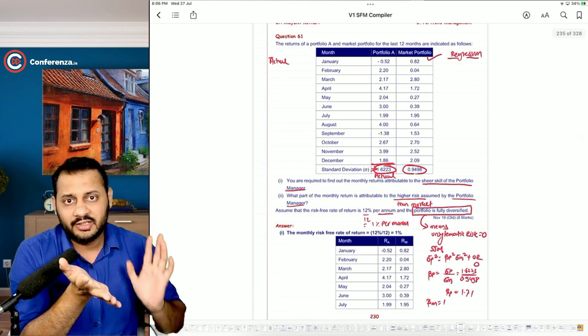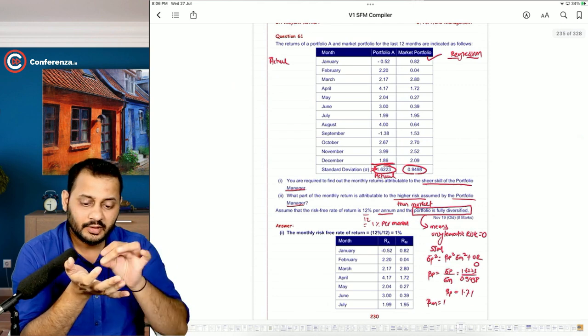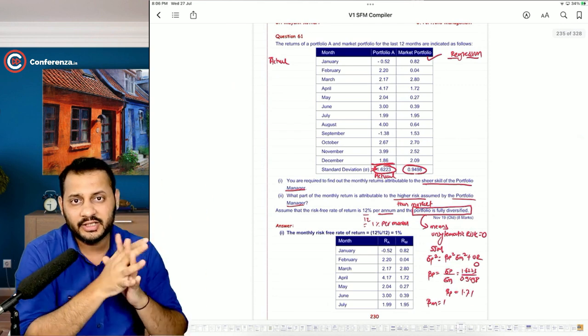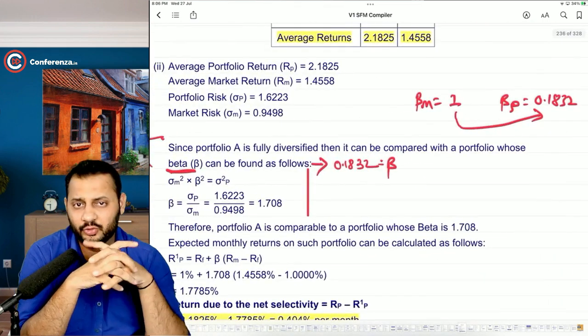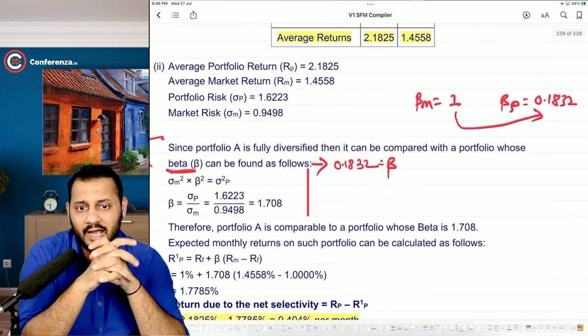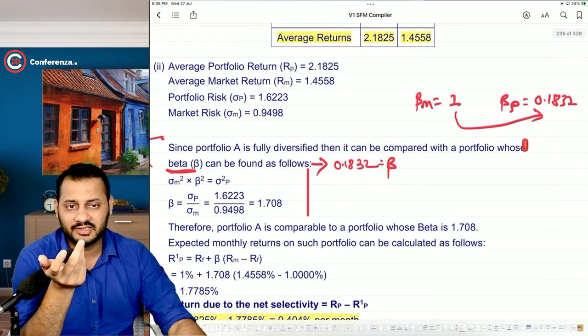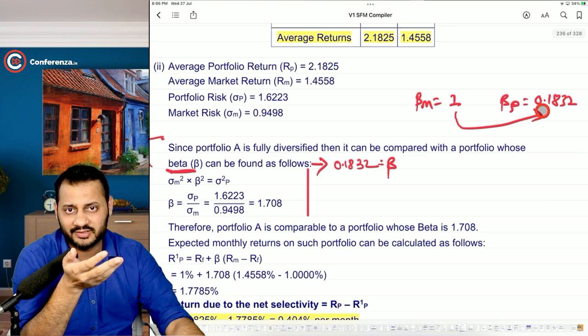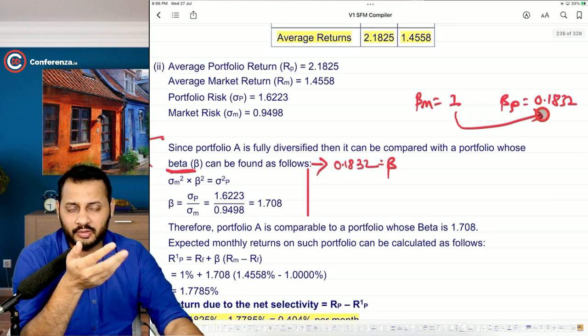We need to calculate the beta in order to calculate the CAPM return. But when we calculate the beta using regression or correlation analysis, the answer comes to 0.1832, somewhere near this. At that point, we come to the conclusion that we are not taking higher risk in this portfolio; we are taking, in fact, lower risk. So the market's beta is 1 and the portfolio beta is 0.1832.